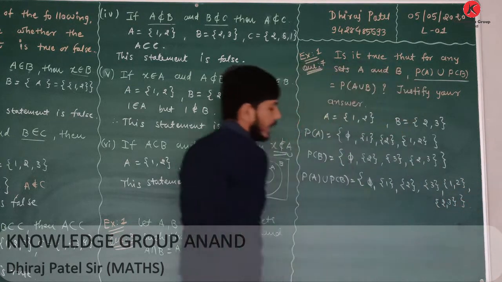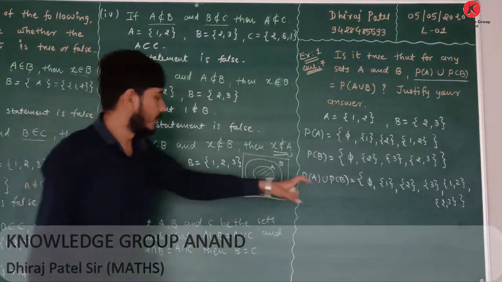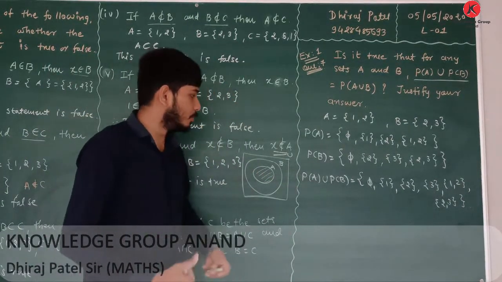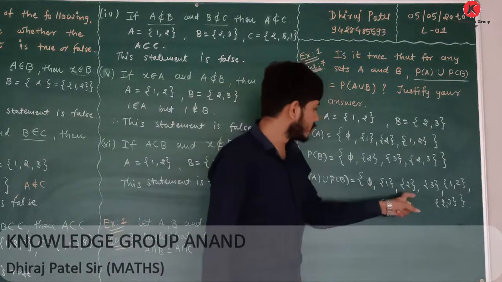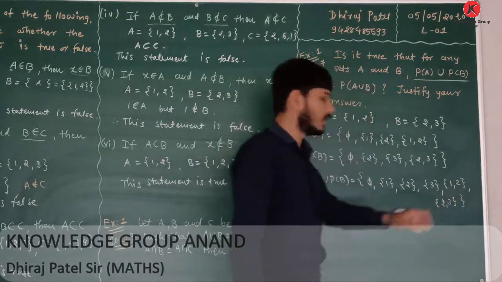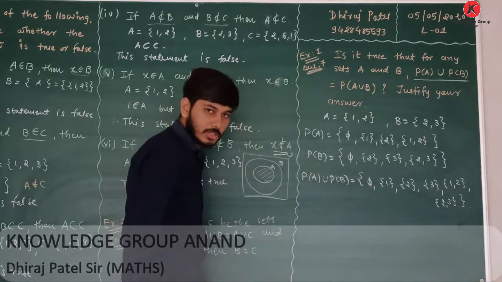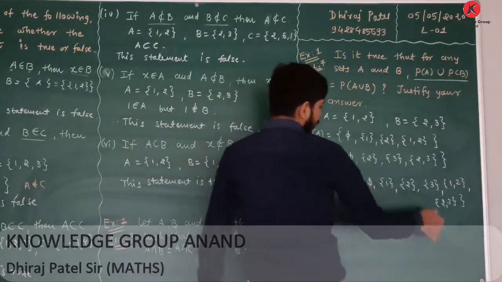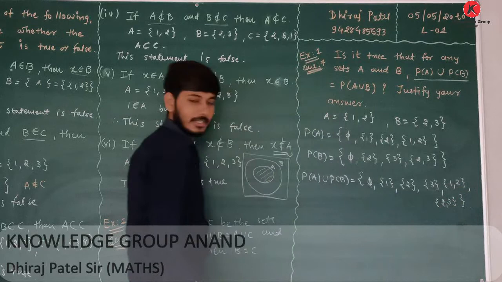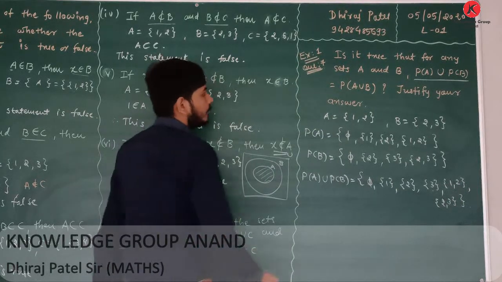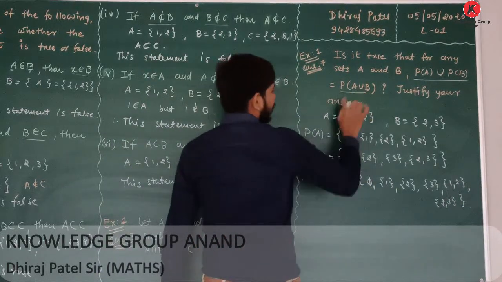So the power set of A union power set of B is equal to {phi, {1}, {2}, {3}, {1, 2}, {2, 3}}. Total number of elements in power set of A union power set of B is 1, 2, 3, 4, 5, 6.